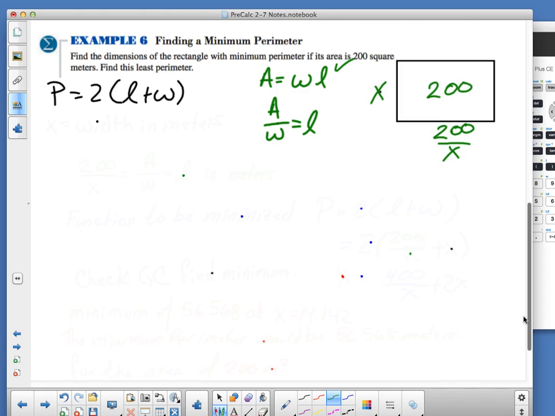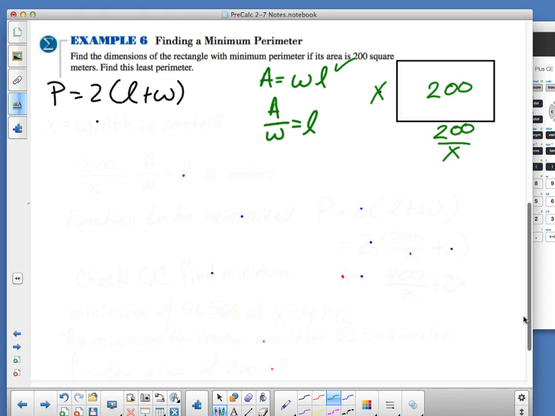Now I'm going to take that information and plug it into my perimeter equation. People ask, why the perimeter equation? Well, what am I supposed to minimize? My perimeter or my volume? I already have area. They gave me all this information about area to work with perimeter.